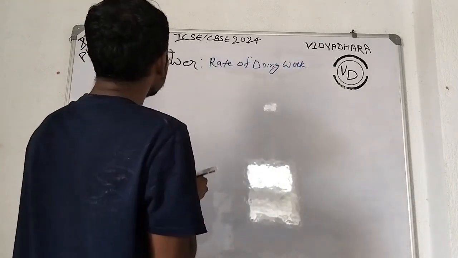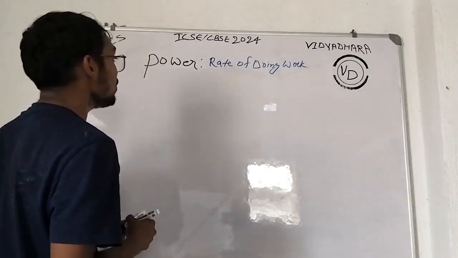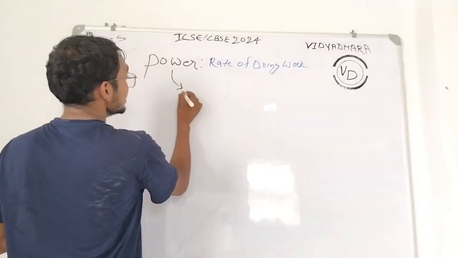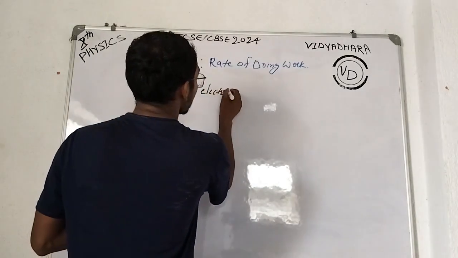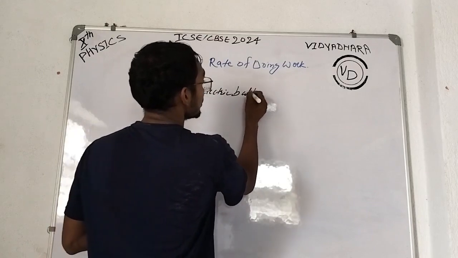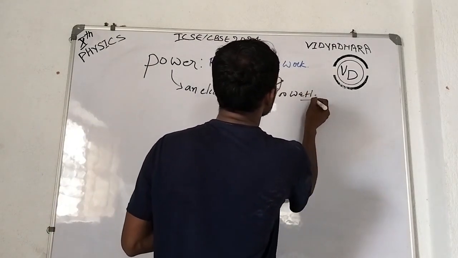Rate of doing work is power. Now I am taking an example of power: an electric bulb of 100 watt.